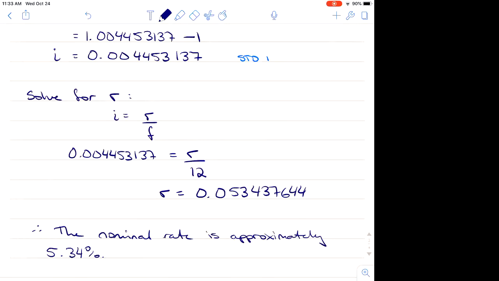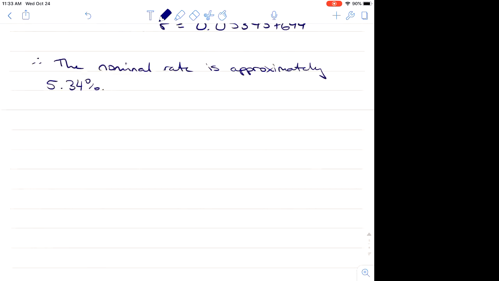Just like we take the time and calculate the number of compoundings, and we take the rate and calculate I, the periodic interest rate, now to solve for rate or time, we have to work them back.